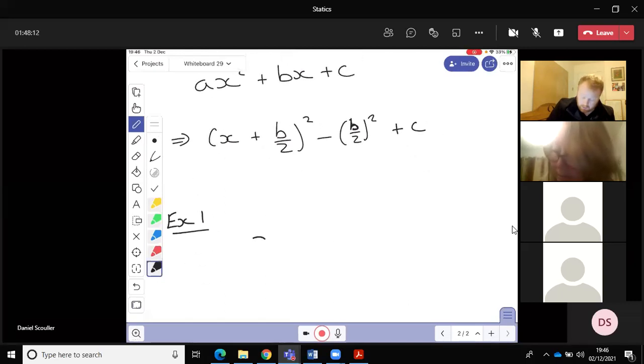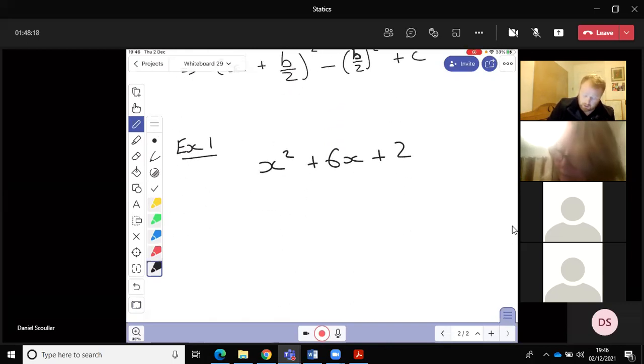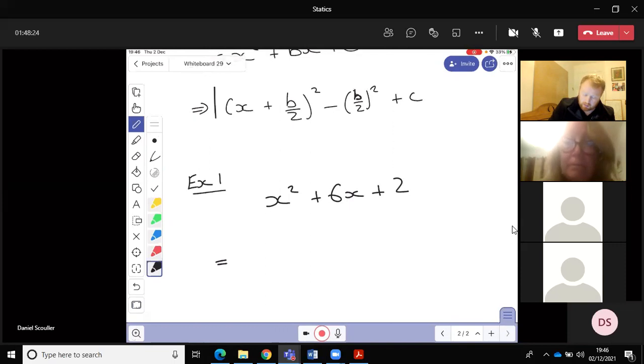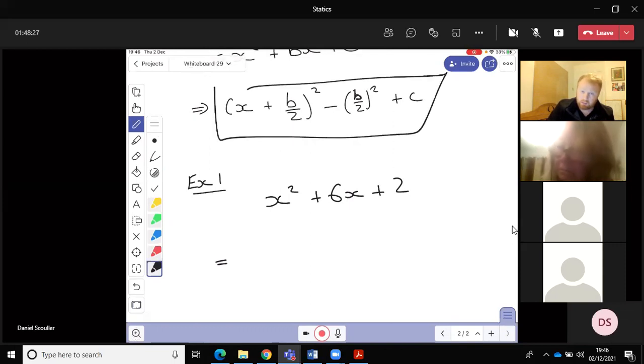If we have x squared plus 6x plus 2, we want to put it in that format and then tidy it up. So we put a bracket, x plus b, that's our b term there. It's b over 2, so it's 6 divided by 2. Close bracket, and then that's going to be squared.